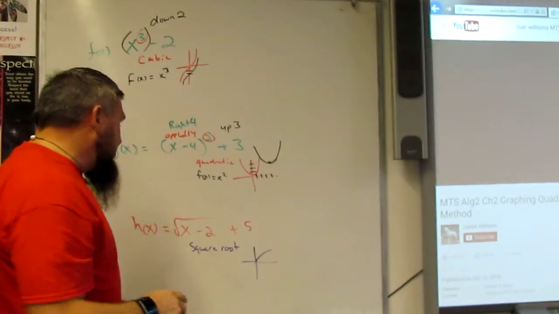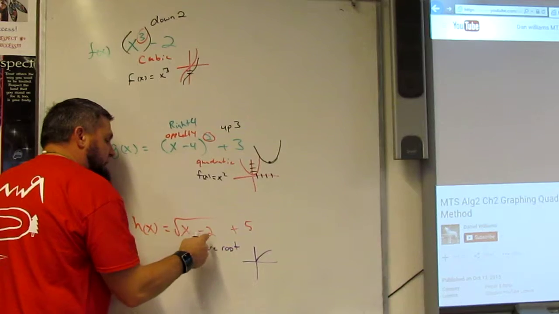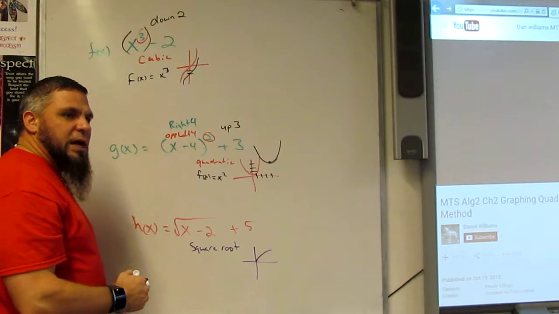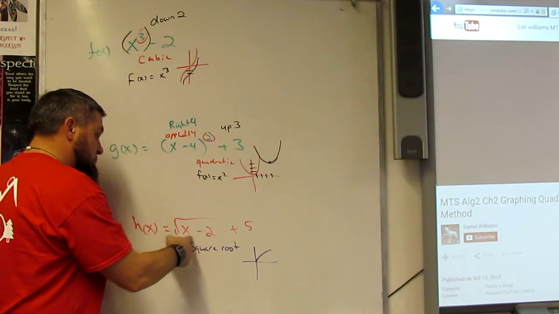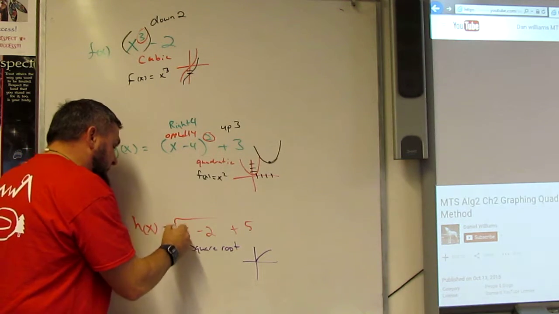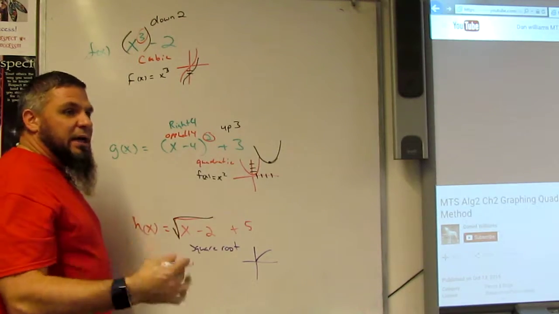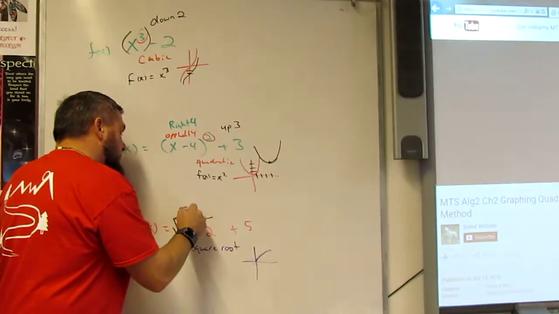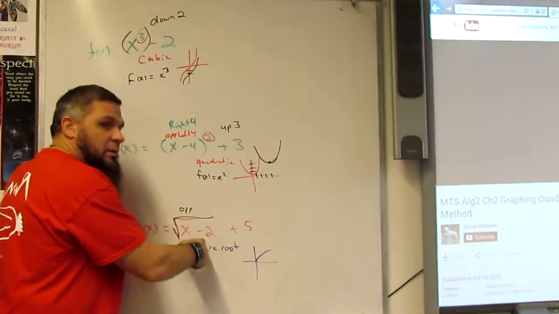But the point is, is this 2 affecting the x directly? Yeah, it's inside the square root. And because it's directly affecting the x, that means we're doing the opposite.